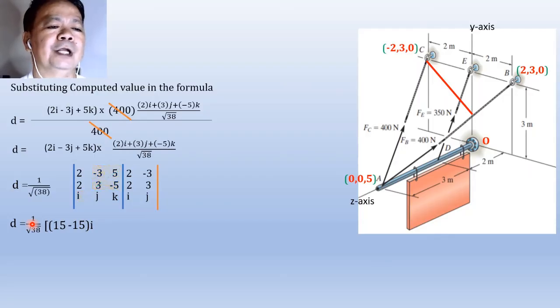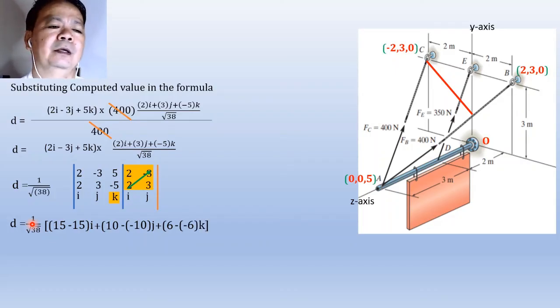Similarly, for j, we consider this part: going downward, this product is positive, that is +10, while this product is negative, that is -10, for j. And then finally for k, when we take this product, that is +6, while this product is -6, multiplied by k.